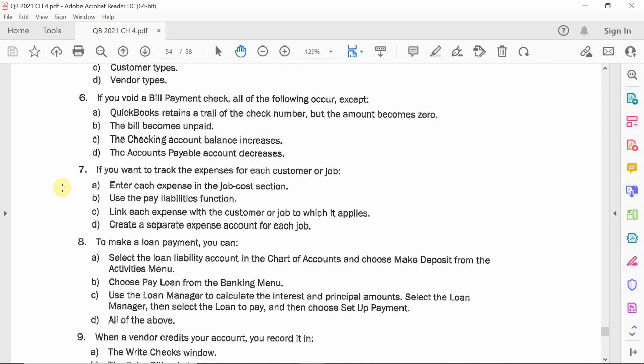Is it D? Let's take a look at D. Create a separate expense account for each job. In this case, you don't need to create a separate expense account for this. No.